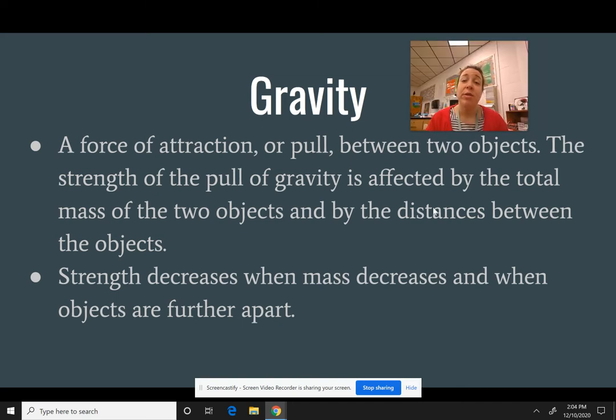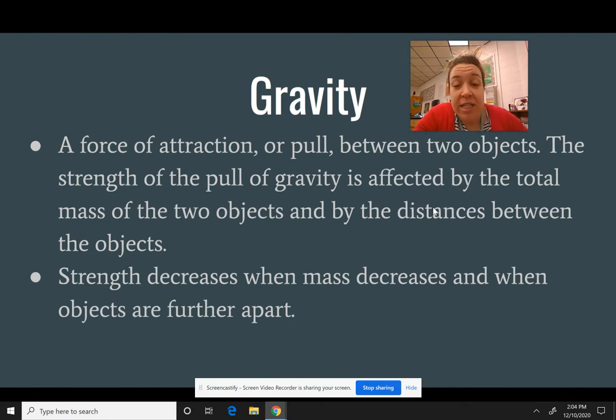All right. First, we're going to talk about gravity. Gravity is probably a review for us. We just know it's an attraction between two objects, and the force of gravity is affected by the mass of the objects as well as the distance between them. So if they're heavier and they're closer together, it's going to be stronger.